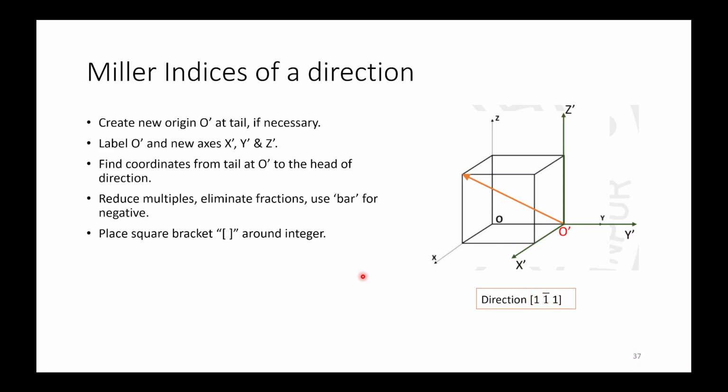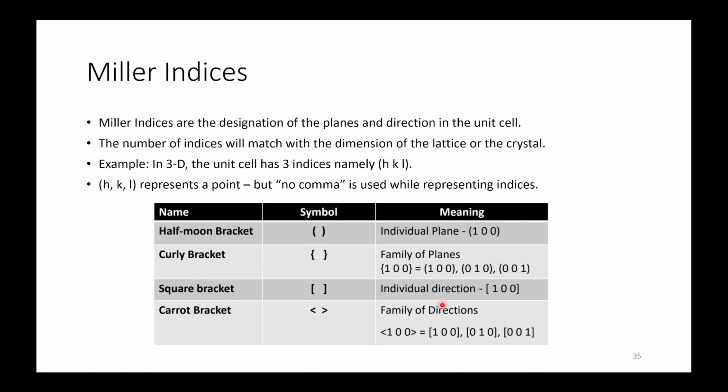Similarly you have to make it integer. As I told earlier, you have to either multiply it with something or reduce it to bring it to integer. So based on this concept, Miller indices of a direction. How will the numerical question be framed based on Miller indices of direction?